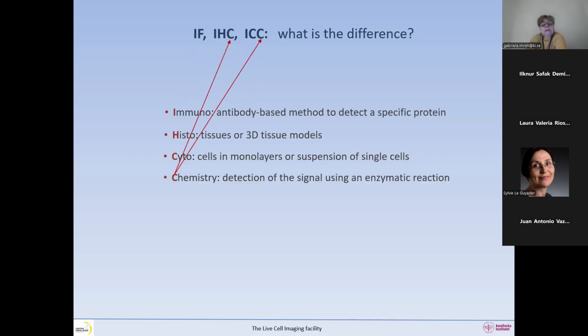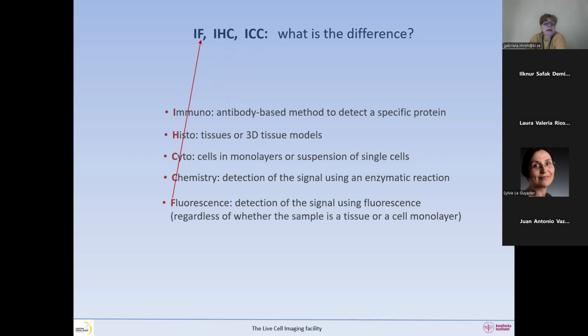Now, the C at the end of immunohistochemistry and immunocytochemistry comes from the word chemistry, which means that we will detect the signal using an enzymatic reaction. The F at the end of the word immunofluorescence comes from fluorescence, which means that we will detect the signal using fluorescence.